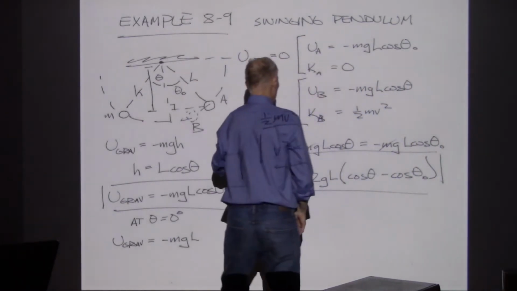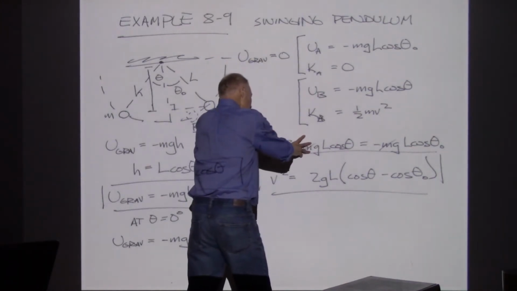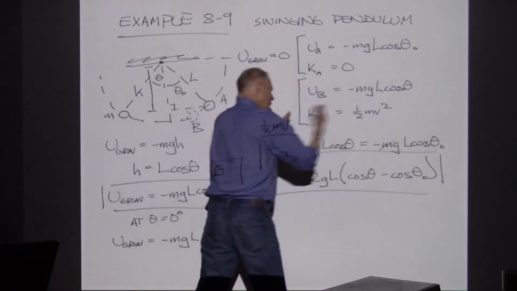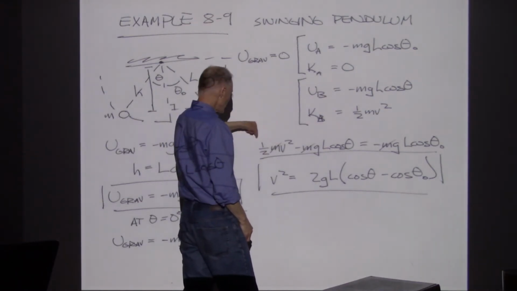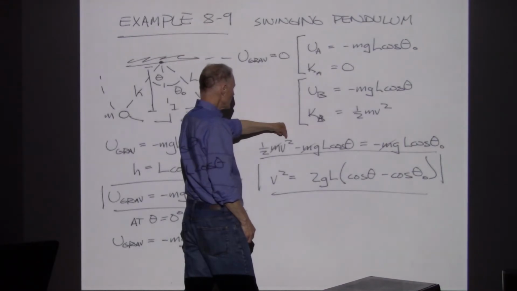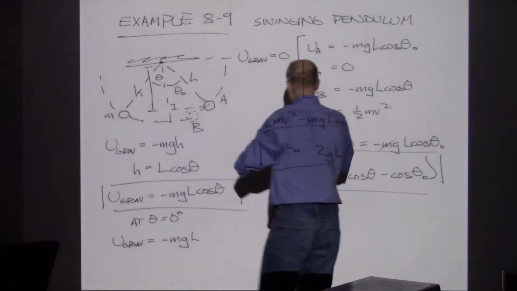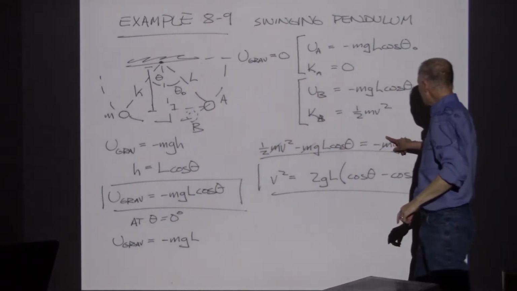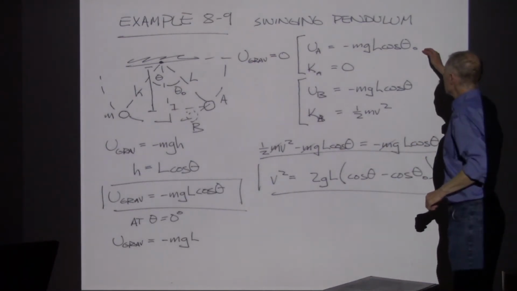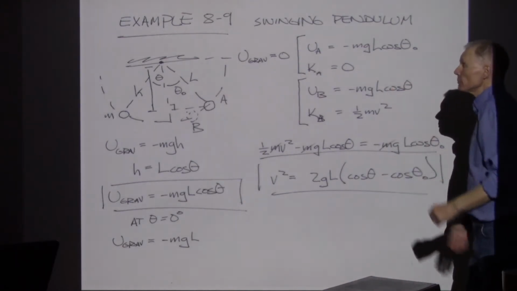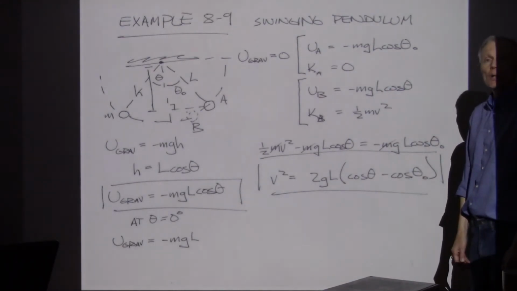So this is side B, this is side A. I got those reversed. So this is side B, and things are moving, so we've got 1/2 mv squared. The m is being canceled out because there's a factor of m in each of these expressions. So it doesn't depend on the mass of the pendulum.